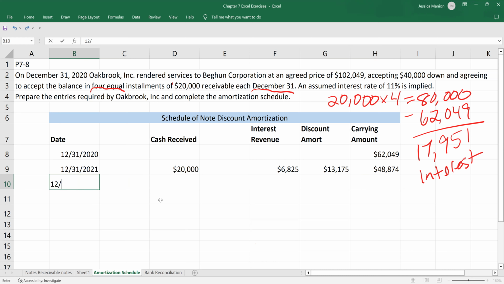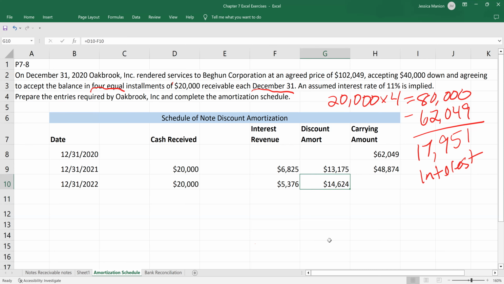Okay, so let's look and see. Now we get to the end of the next year, our second payment, 2022. Now they're making another payment to us of 20,000. Again, for interest revenue, we go to our carrying value times 0.11. So our interest revenue is 5,376 in year 2. That discount amortized is the difference between our cash received minus the interest revenue.